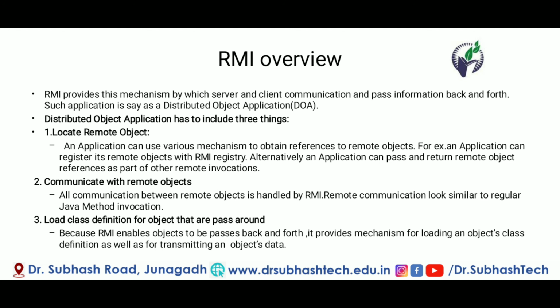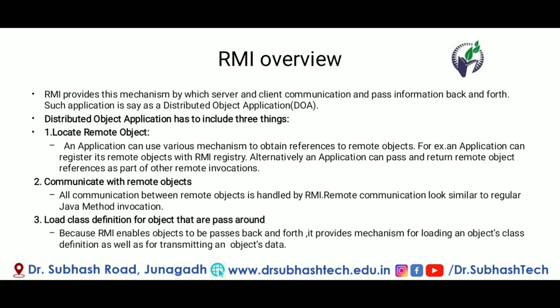Then the third is loading class definitions for objects that are passed around. Because RMI enables objects to be passed back and forth, it provides a mechanism for loading an object's class definition as well as for transmitting an object's data. As we discussed, when you call the functions, the class definition is also loaded from the remotely situated system.